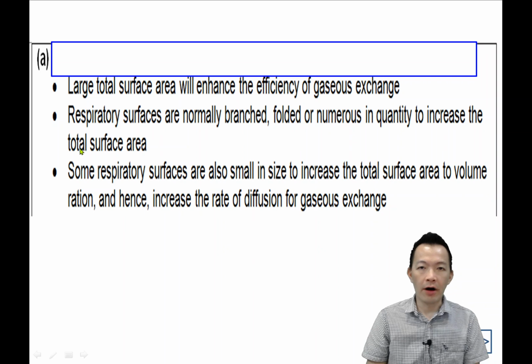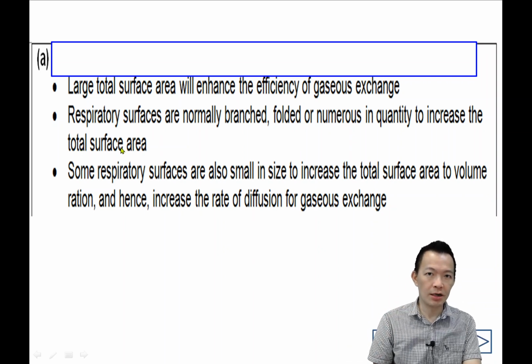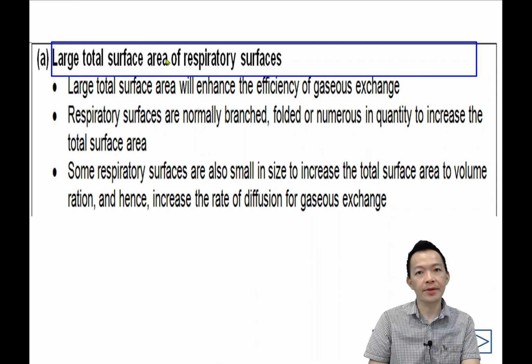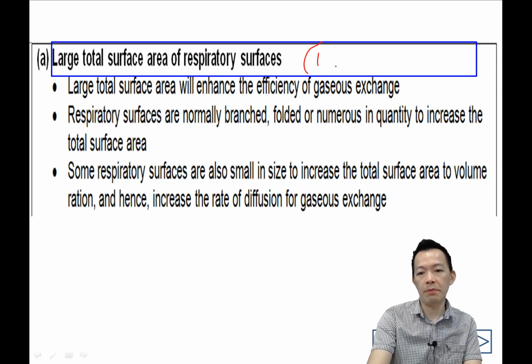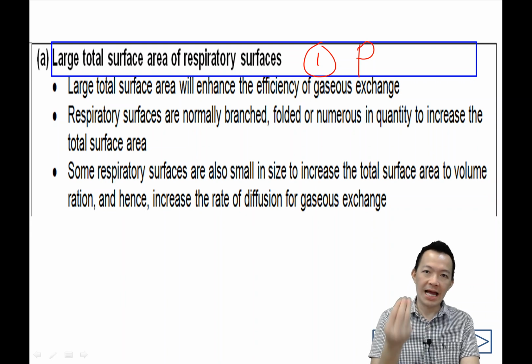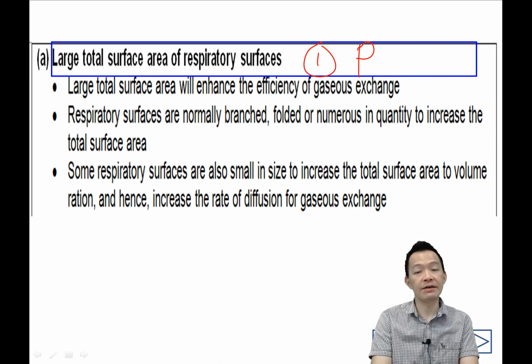Okay, so for all the human and animal, when we talk about our respiratory structure or respiratory surfaces, the first characteristic, 第一个特征就是, we have a large total surface area. Okay, 我们的呼吸的表面通常都是很大很大。When you go to the exam, this is what we call a point, B. 我们叫它 B 啦，point 来的。So we have a large total surface area for the respiratory surfaces.